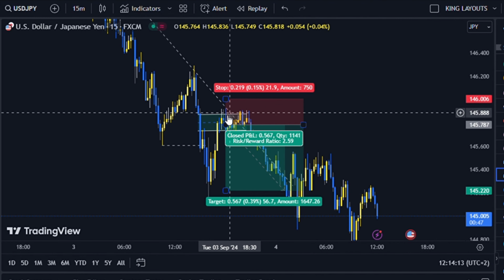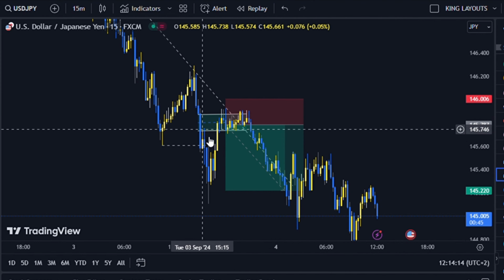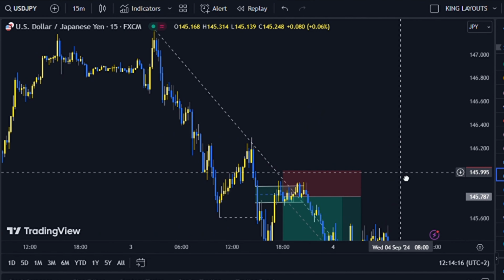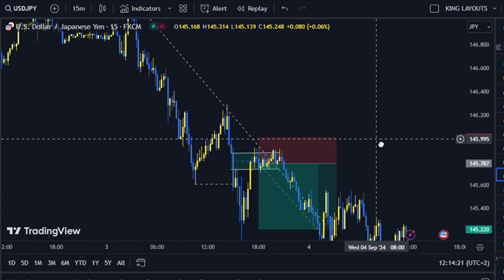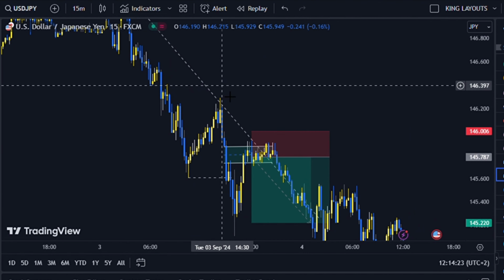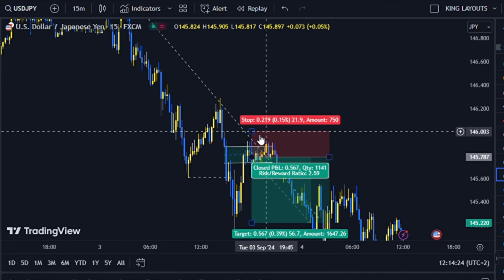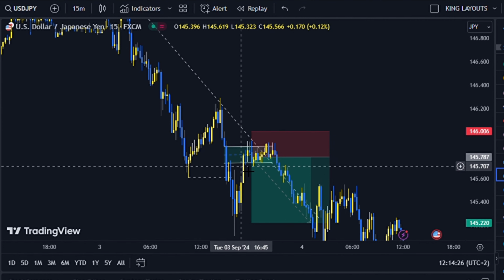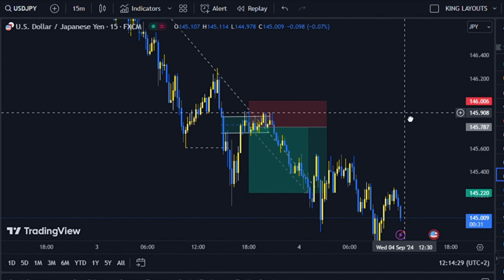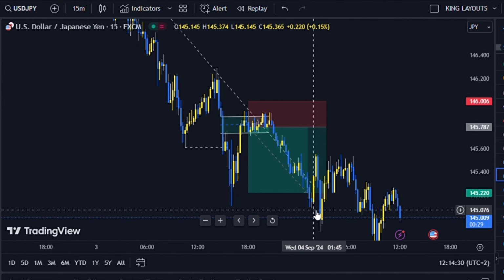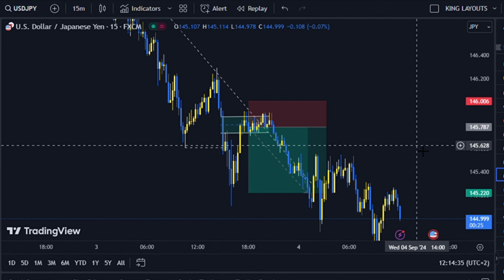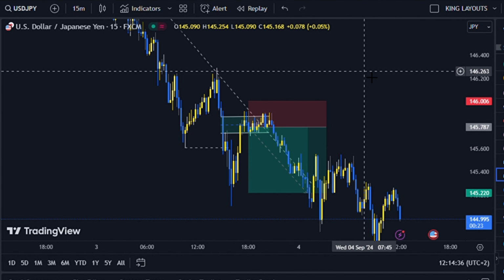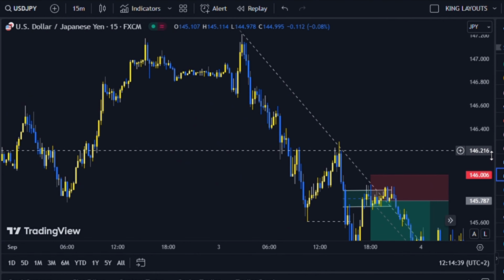It even had a fake out here, a fake breakout, because we had a trend right there with 1, 2, 3 touches, and then it had a breakout here, which was a fake out, right? And then we moved down, we hit our take profit, right? So let's do a recap of the signal.